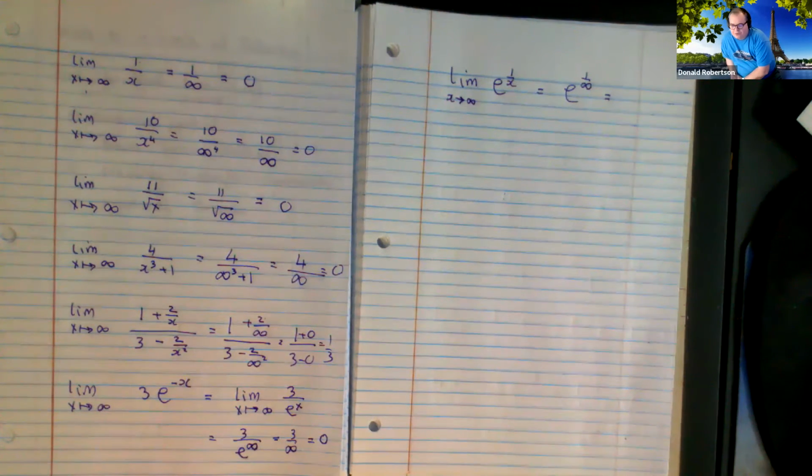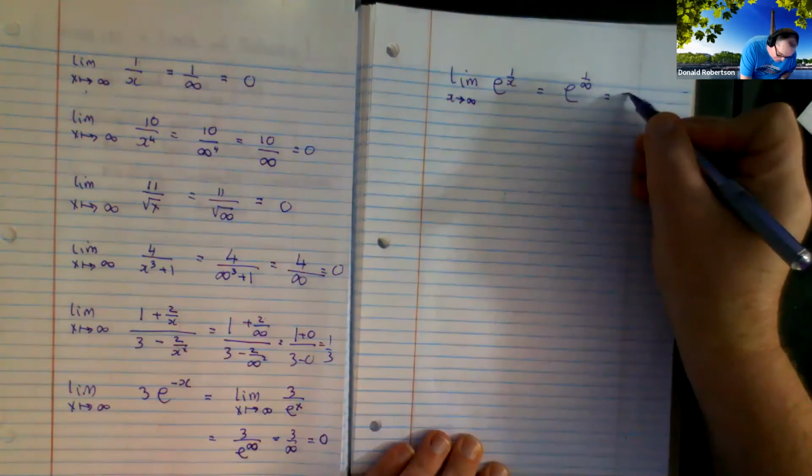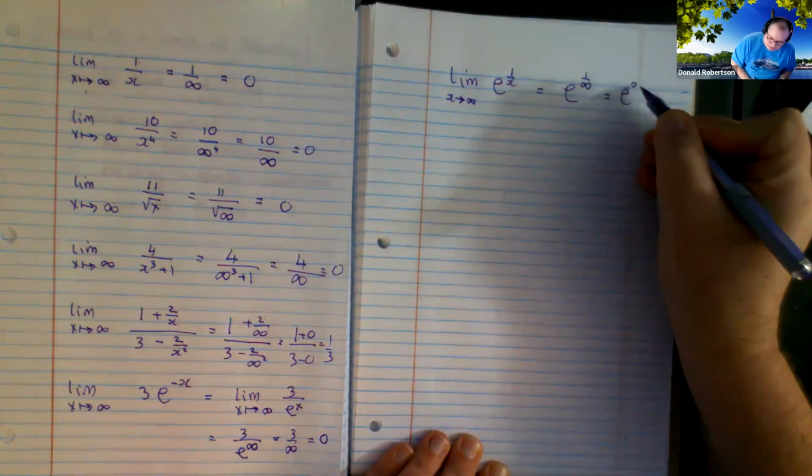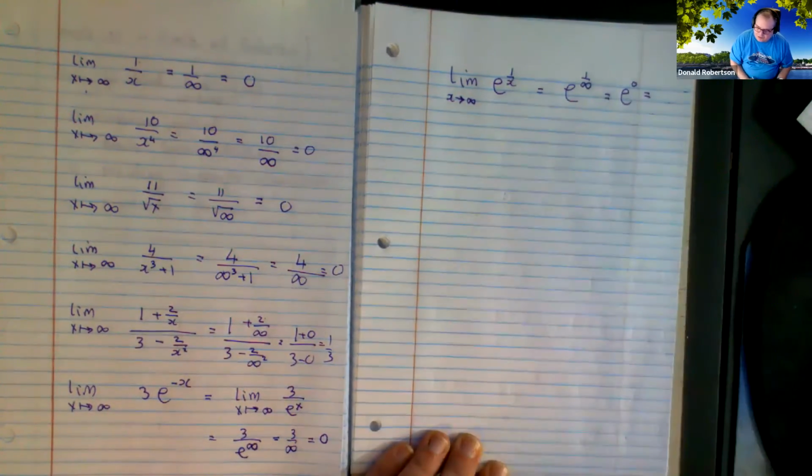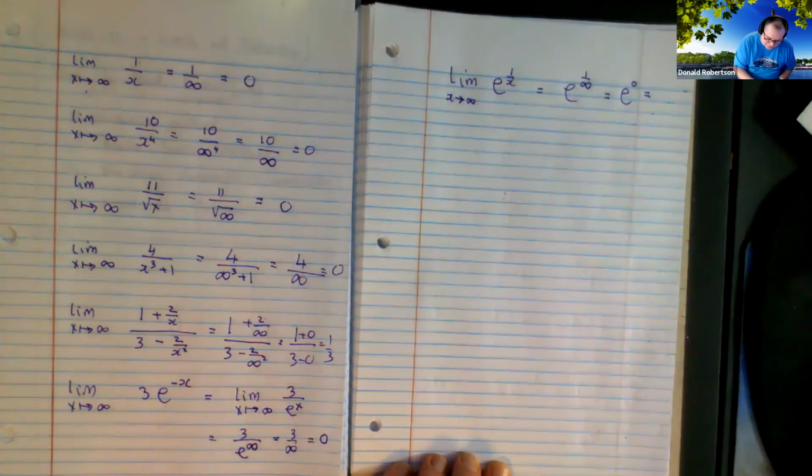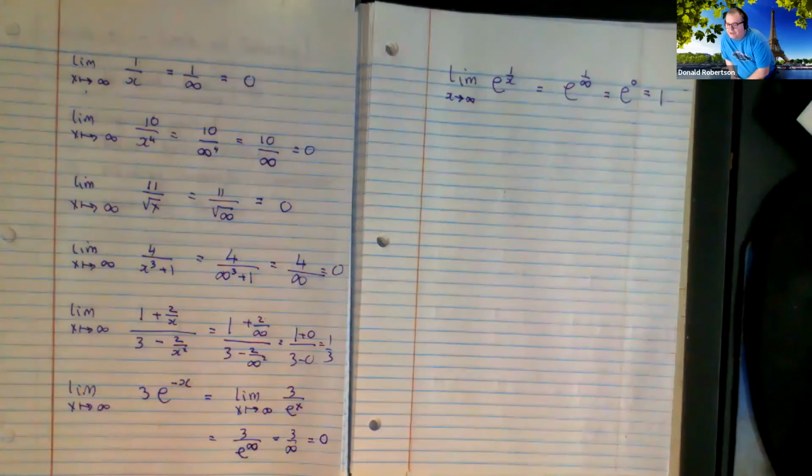Now we've done 1 over infinities a lot, isn't that 0? But be careful. E to the 0 is in fact a number, isn't it? 1. So that one would be equal to 1. Any questions about these brute force? I mean, there's lots of other versions that you could do. Are we good with it so far?